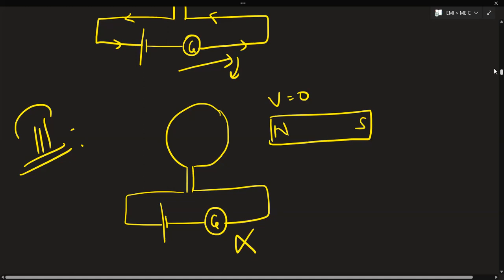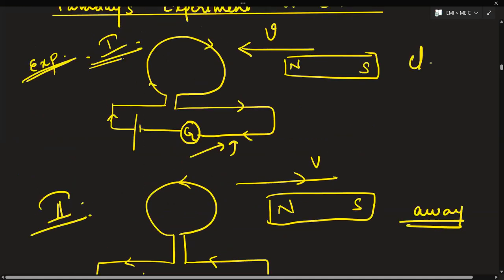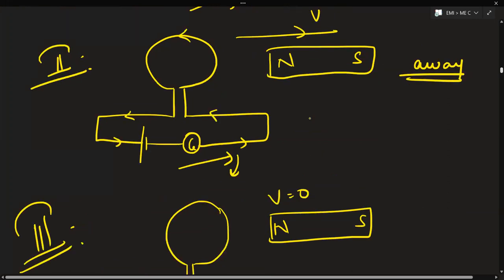What were the experiments? See, I'm repeating. When the bar magnet was brought closer, the galvanometer showed deflection. When the bar magnet was taken away, this also showed deflection.